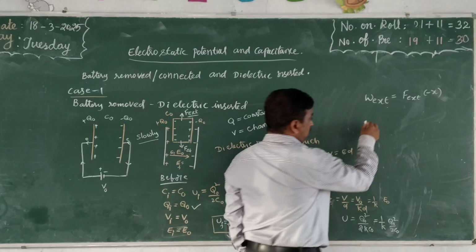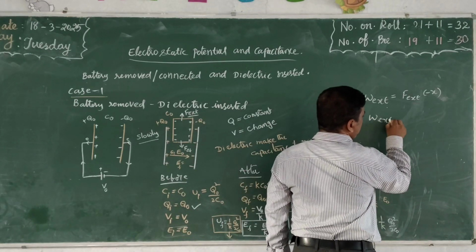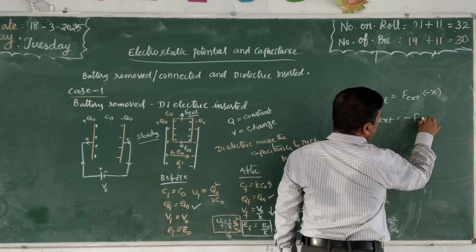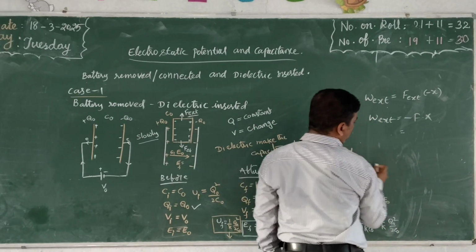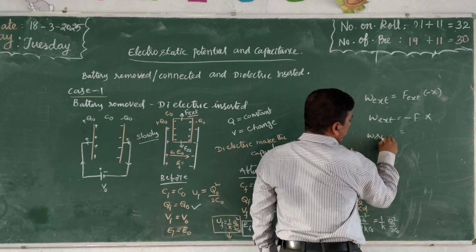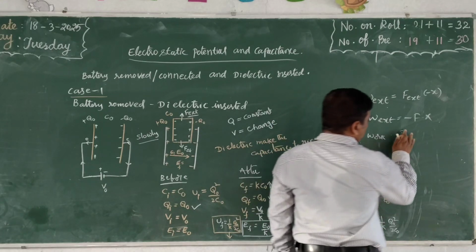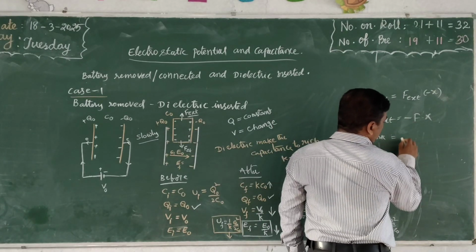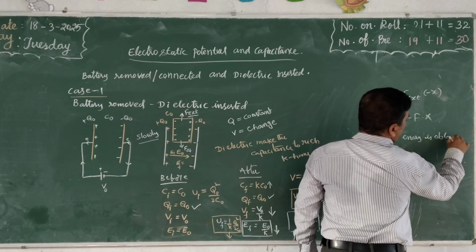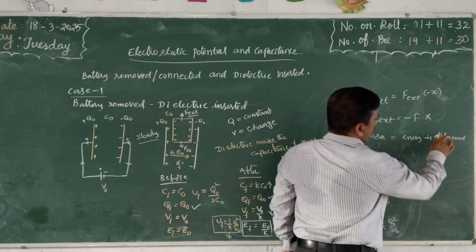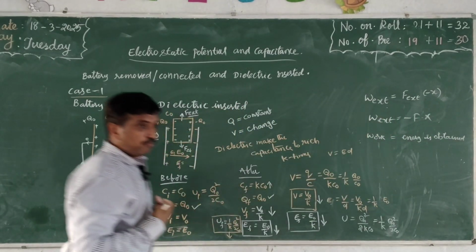So work done by the external agent is equal to minus of force into displacement. This negative indicates that energy is obtained, so here energy is gained by us. Why?